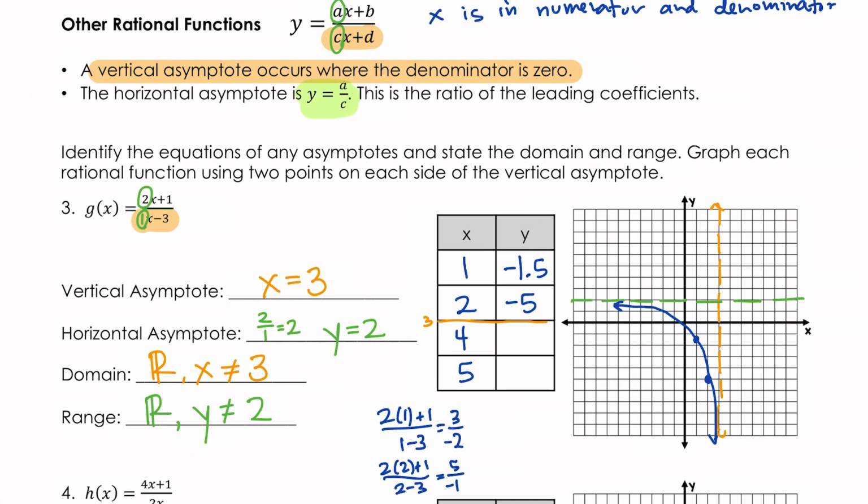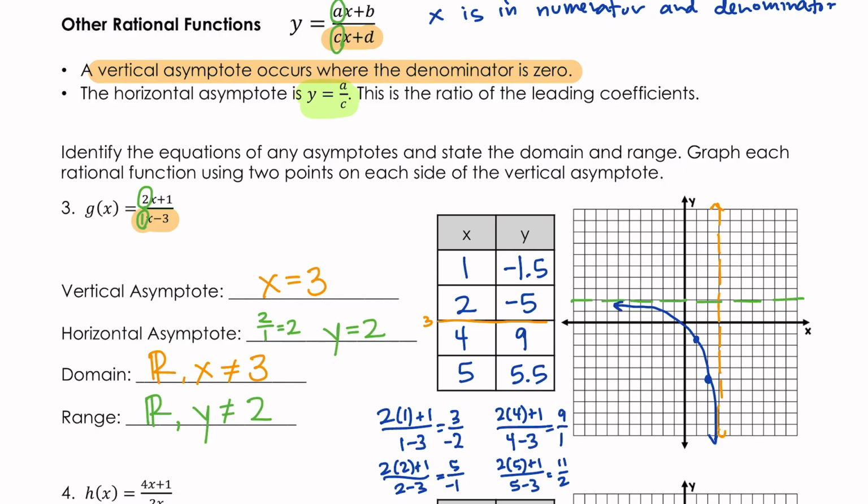So plug in 4: 2 times 4 plus 1, over 4 minus 3. So I have 9 over 1, which is 9. And then last one, plug in 5. 2 times 5 plus 1 is 11, over 5 minus 3, which is 2. 11 halves is 5.5.